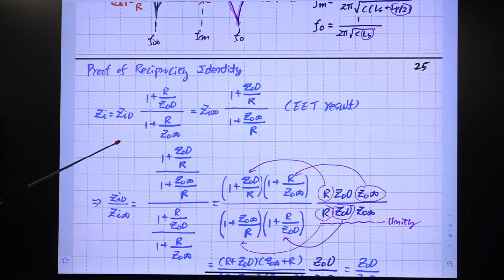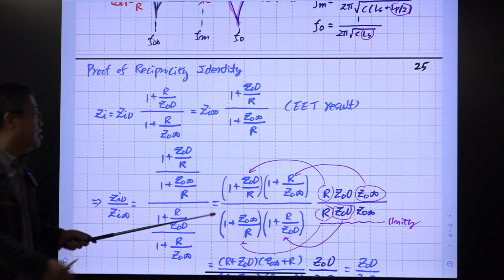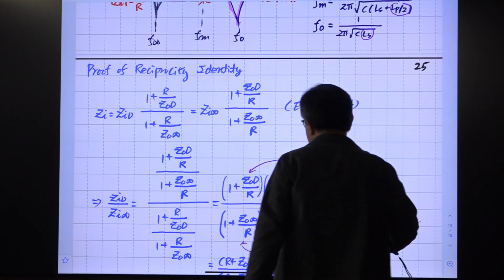Okay. So it starts here. You move this one here. You divide GI0 by GI infinity. You have this. Then this thing goes down here. Then you have this expression, and you rearrange this. So this is the same thing, all right?